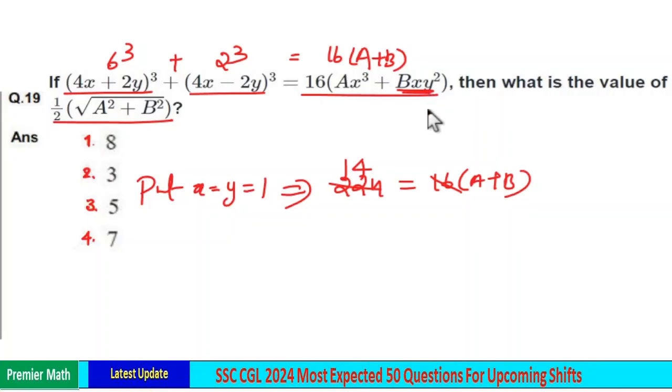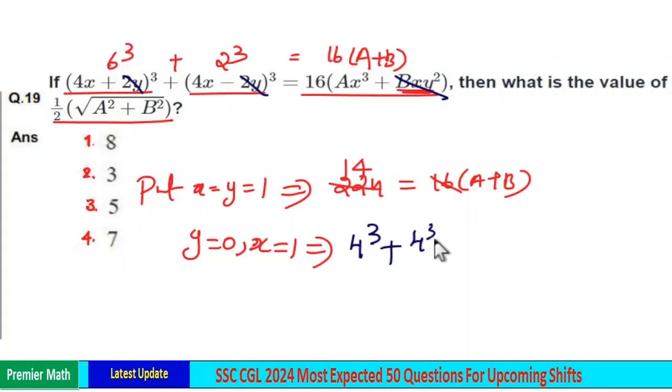So if I put y as 0 and x as 1, then the equation will become, here y as 0 means this will cancel and this will cancel. Now what remains is 4³ plus here also 4³, which is equal to 16a. ax³ will become a.